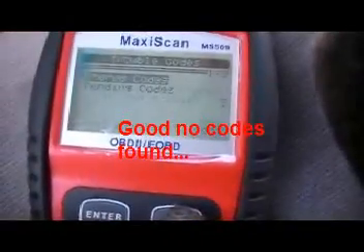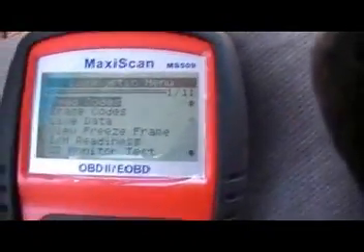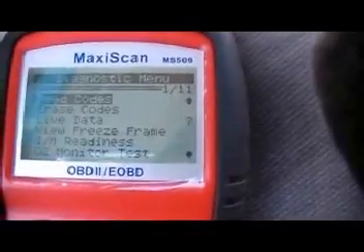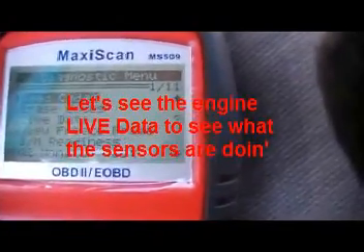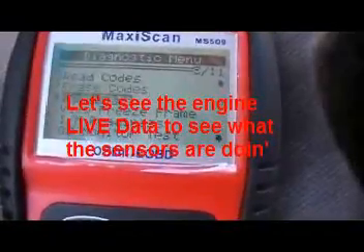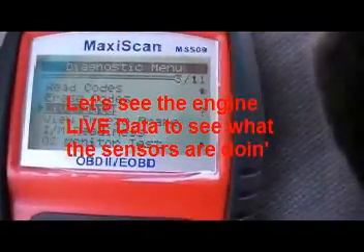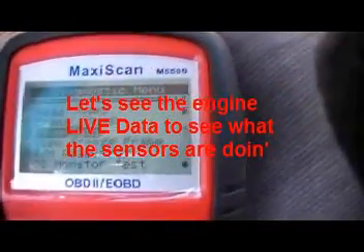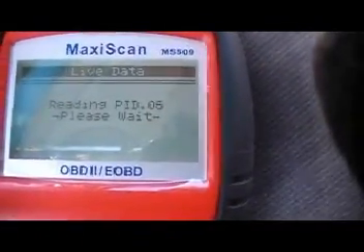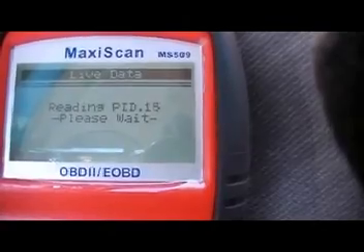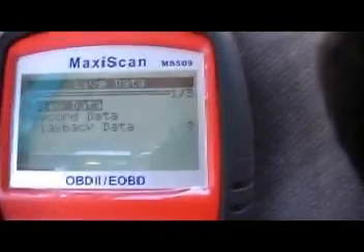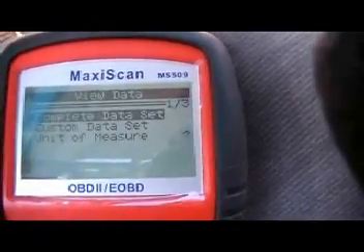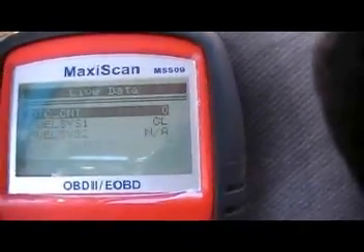So the next thing I do is check internally what the engine is doing while it's running. You do that by using the live data feature of the scanner. I'm gonna scroll down on the live data, and let's see what the sensors are doing. We'll check first for the fuel, and you do that by checking the fuel trim.